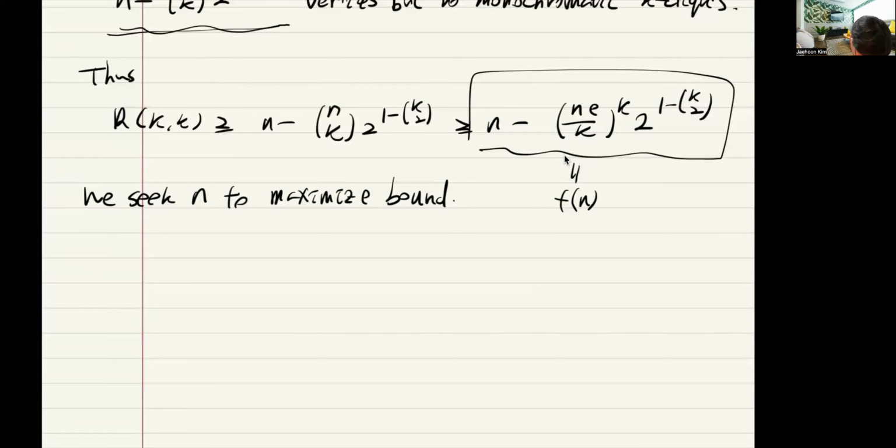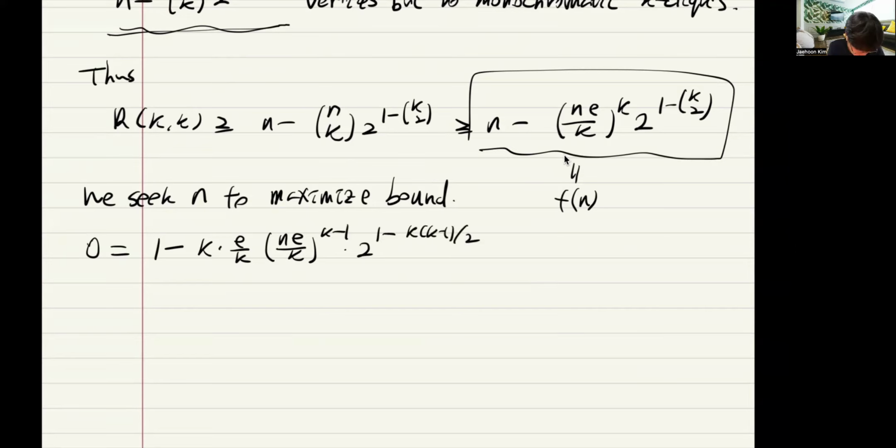And then if you take the derivative and let it be 0, then that's 1 minus K times (e/K) times n (e/K)^(K-1) times 2 to the 1 minus K over 2. So considering K as constant and n as variable, you get this.